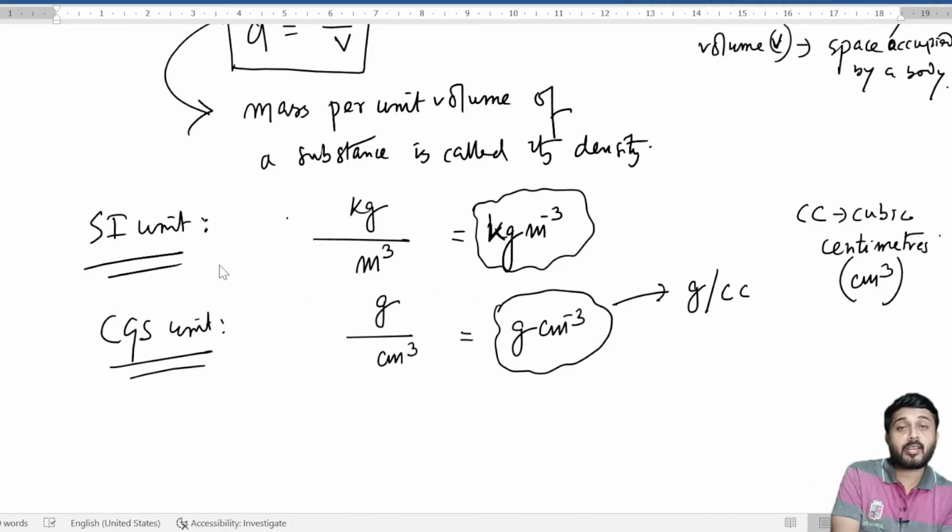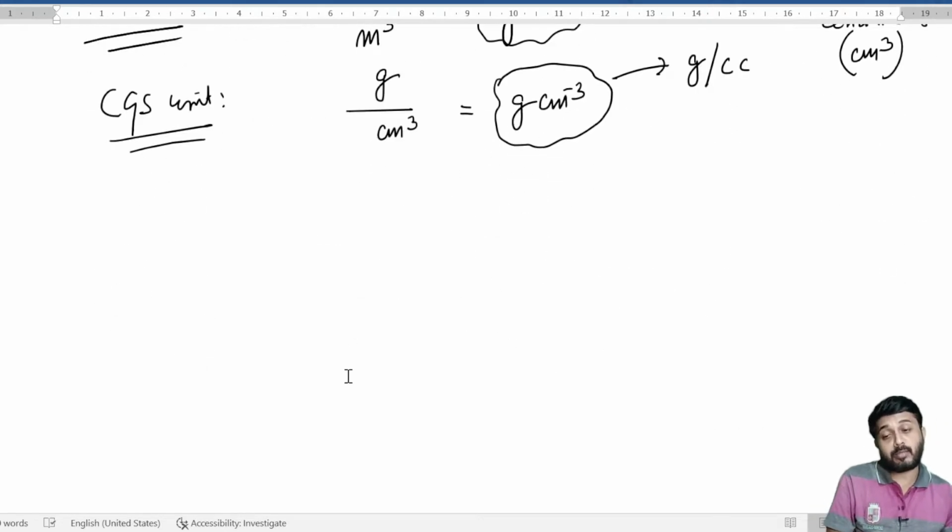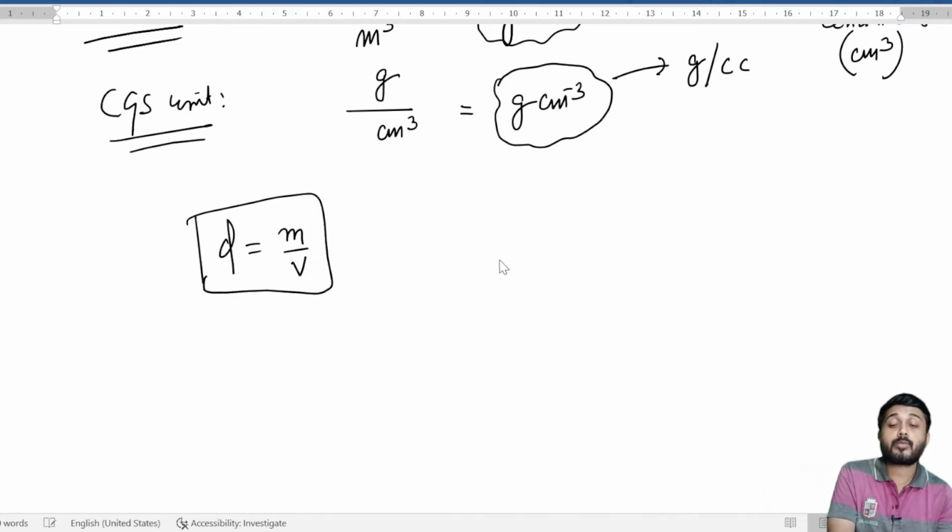Definitely iron. 1 meter cube of cotton and 1 meter cube of iron both have the same volumes, keep it in mind. I'm keeping the volumes the same. What is density? D is equal to m by v, mass by volume, right? So if the volume is kept constant, what is constant?